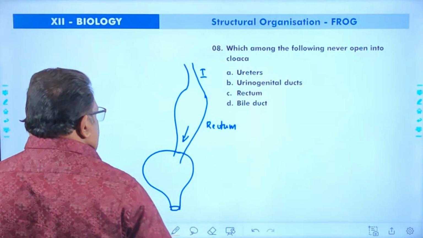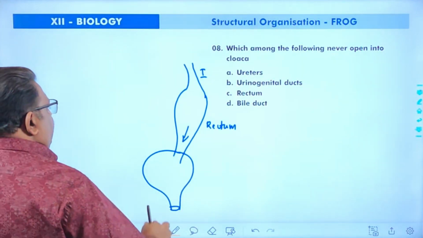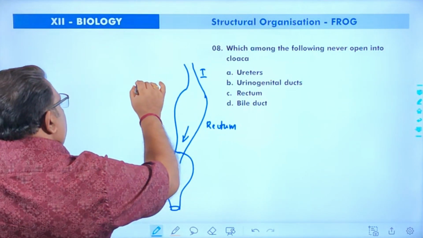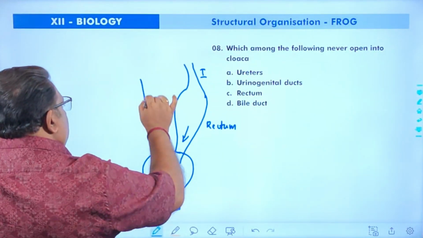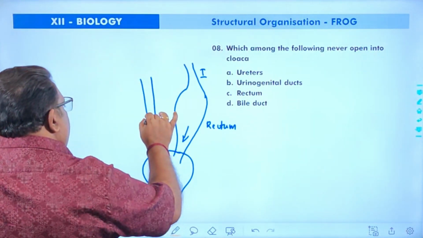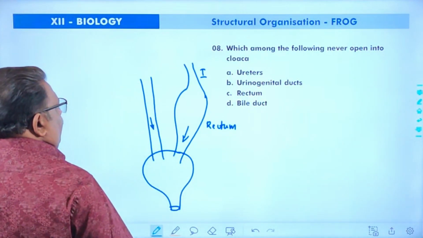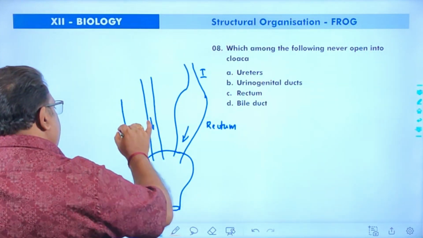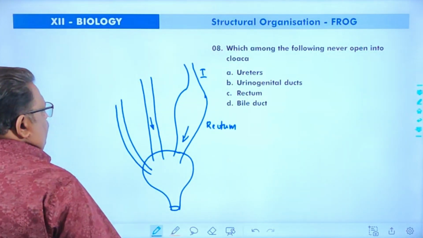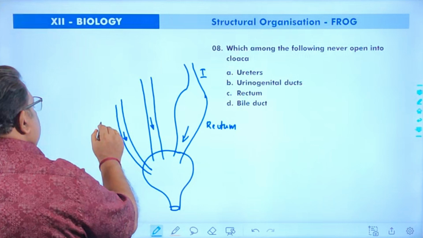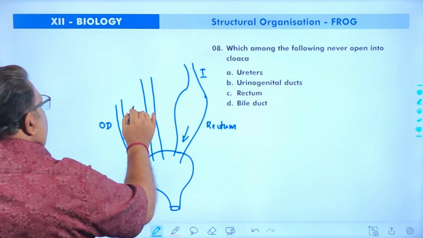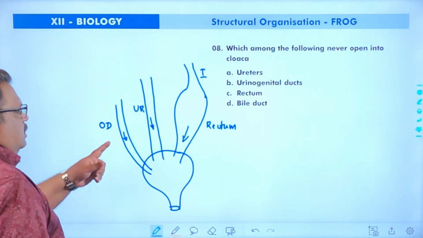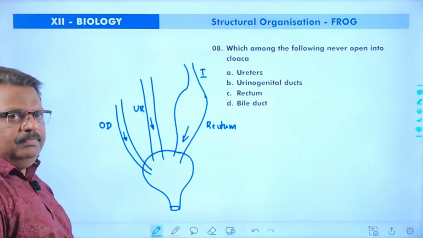Rectum opens into cloaca. Then this is ureter, and this is oviduct, in the case of a female frog.